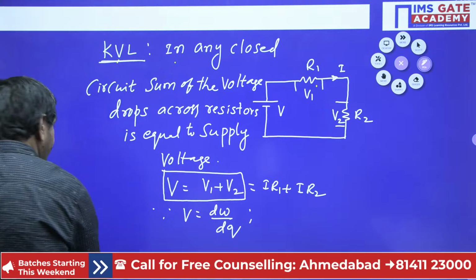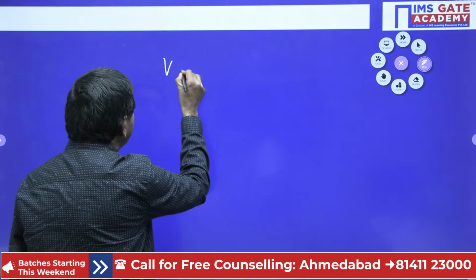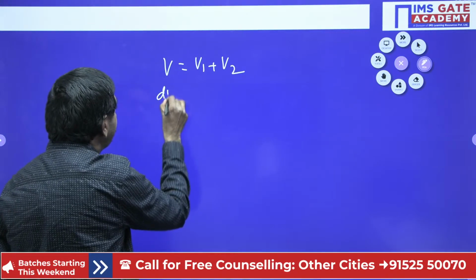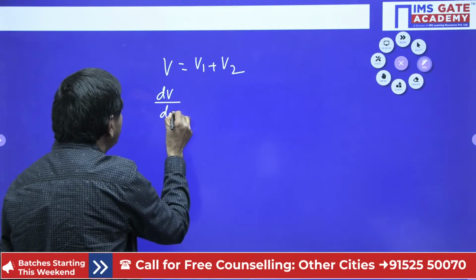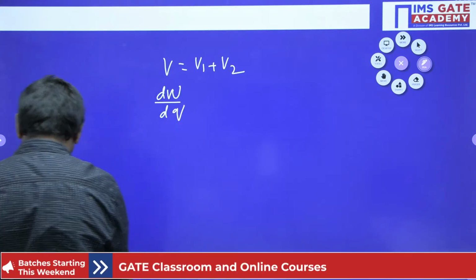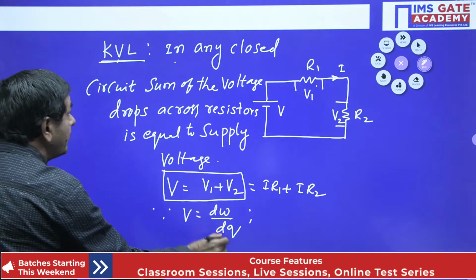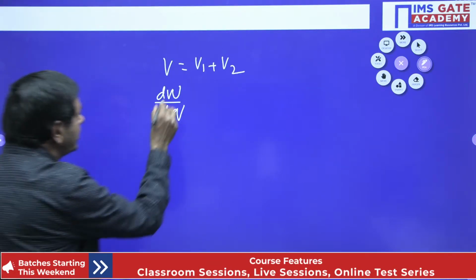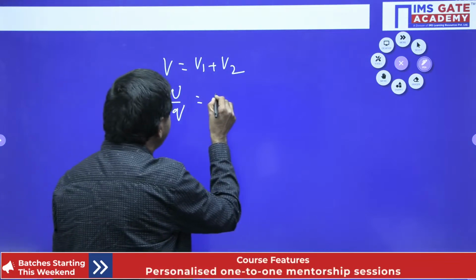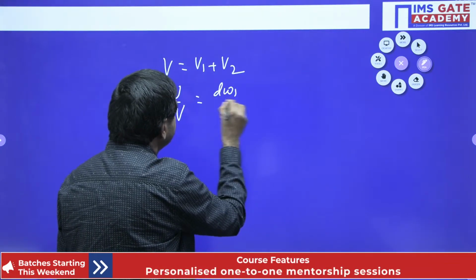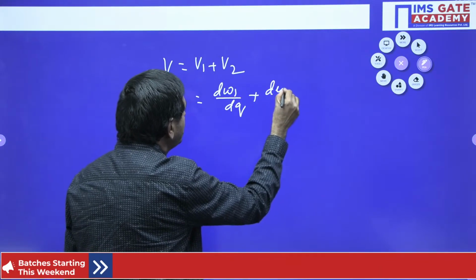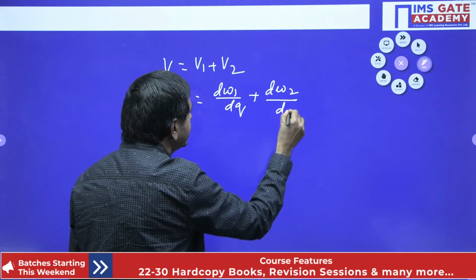V equal to dW by dQ. V1 equals dW1 by dQ, and V2 means dW2 by dQ.